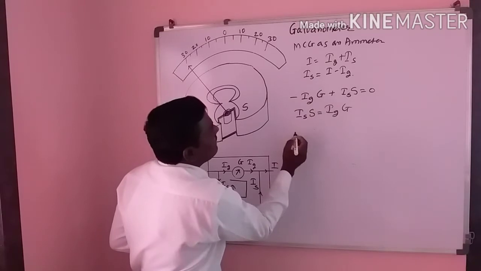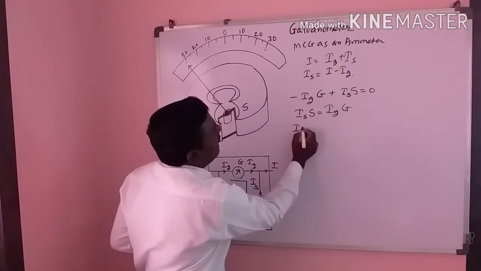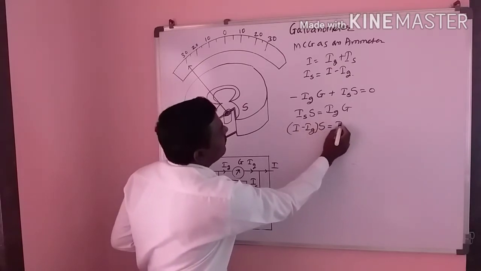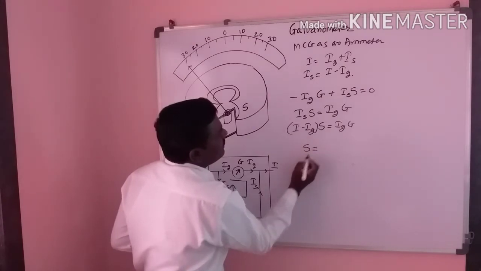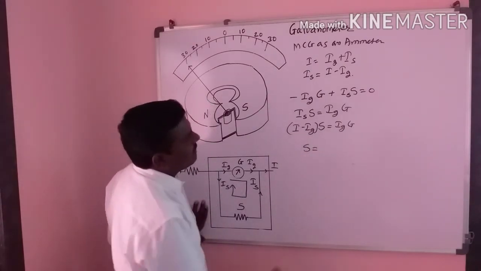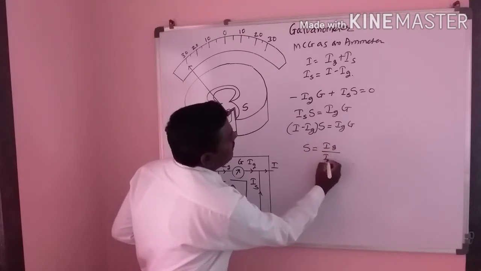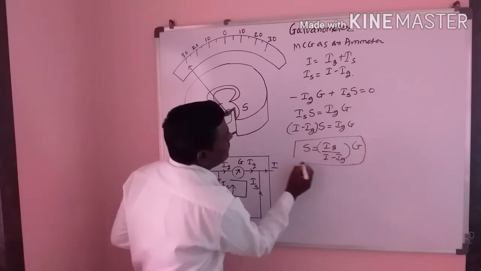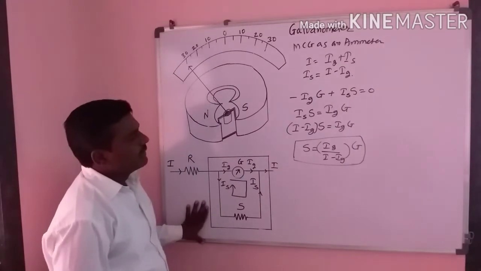What is the value of Is? Is has the value I - Ig, so (I - Ig)S = IgG. Here S is nothing but the shunt resistance. So the shunt resistance S = Ig upon (I - Ig) into G. This is the equation for the shunt resistance of the moving coil galvanometer.